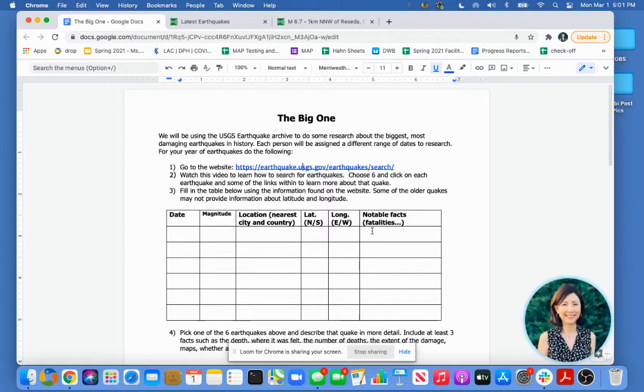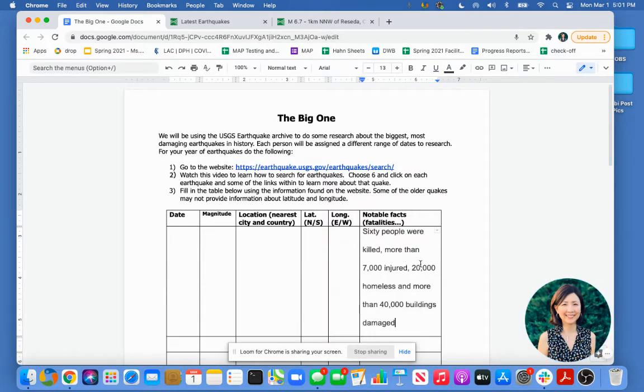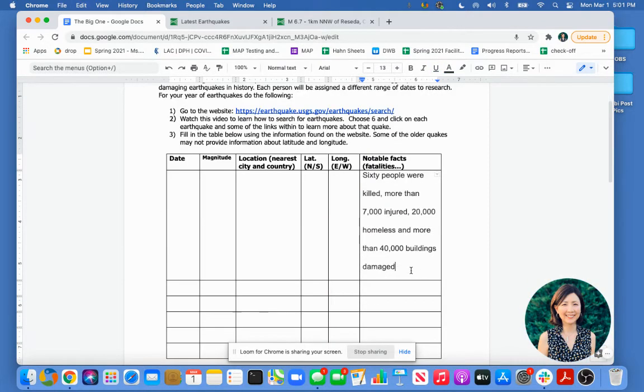earthquake. I'm going to just put that here. Okay, that didn't paste very well. I will fix it. But you get the idea of what sort of notable facts are to write there. Here I'm going to put the date, January 17th, 1994. The magnitude was 6.7.